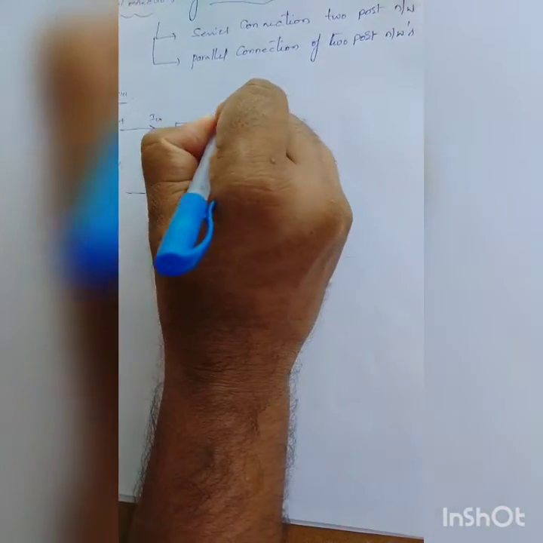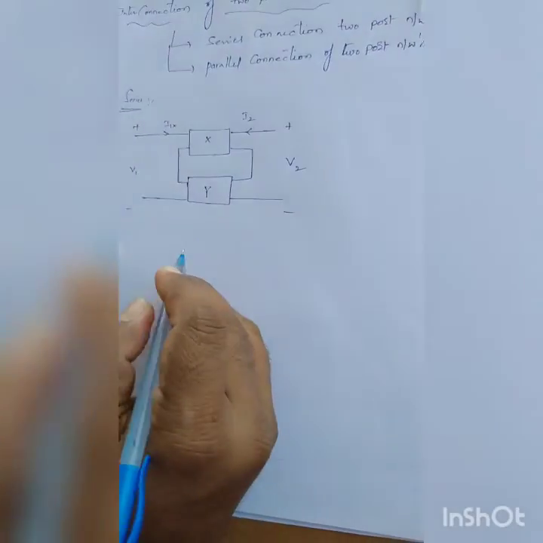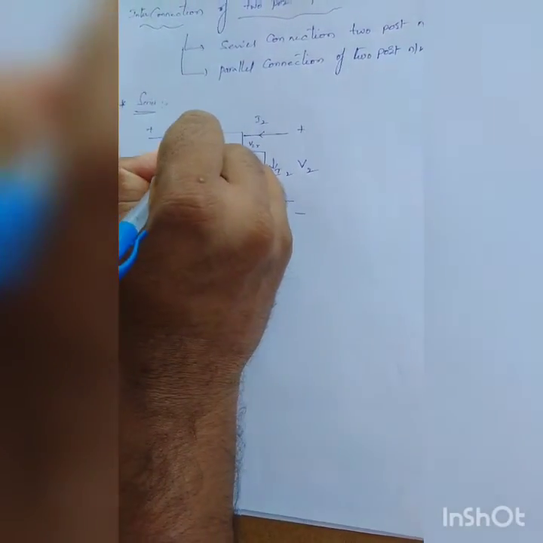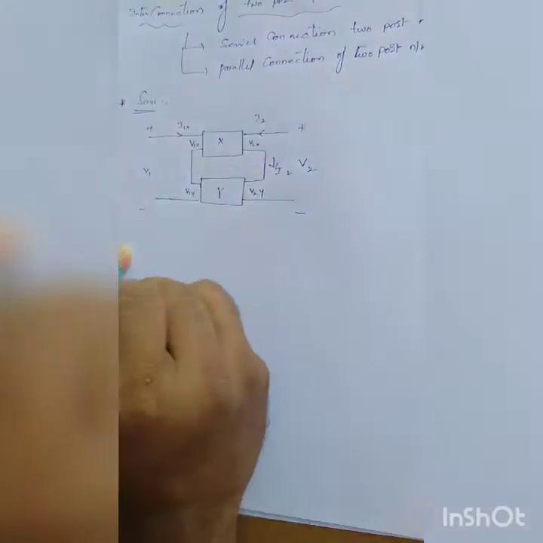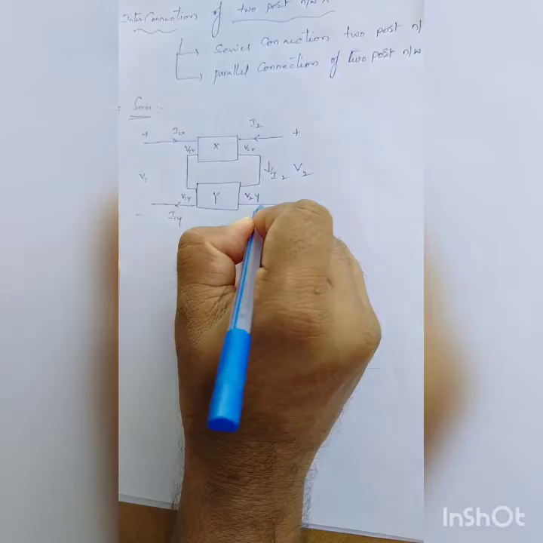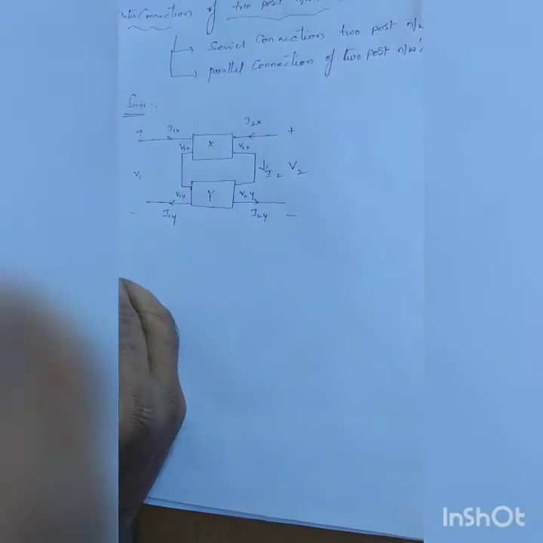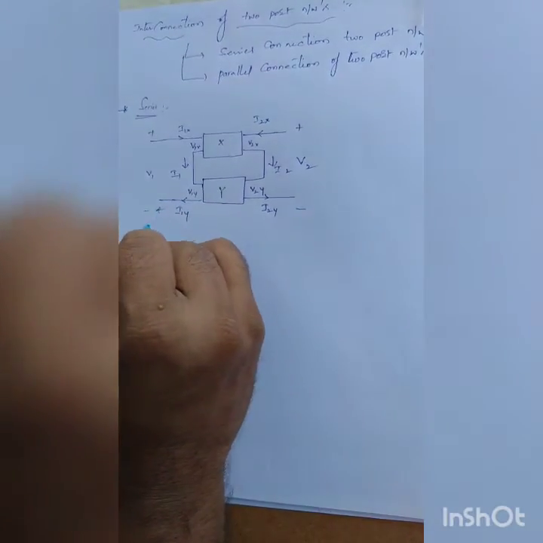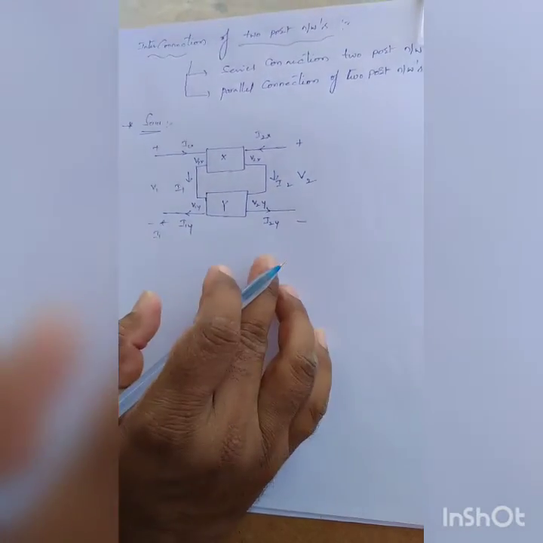This is I2, and this voltage becomes V2. Here I2 current, V2X, V1X, V1Y, V2Y. This one is I1Y. This one is I2Y. This one is I2X. This is how the two ports are connected in series.